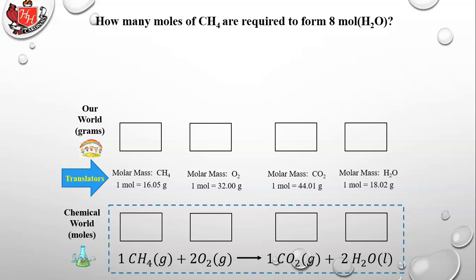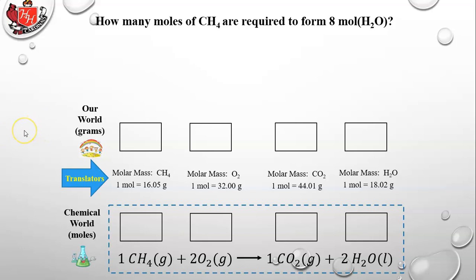That's going to be 18.02 grams for 1 mole. So that's our translator. It gets us from the grams, our world that we measure in, into the world of the chemical equation, which measures in numbers of particles that we otherwise would have no way to count or see. And that's the beauty of the translators, called molar mass conversions. Then it also gets us back out from the chemical equation, back into our world, going from moles back to grams.